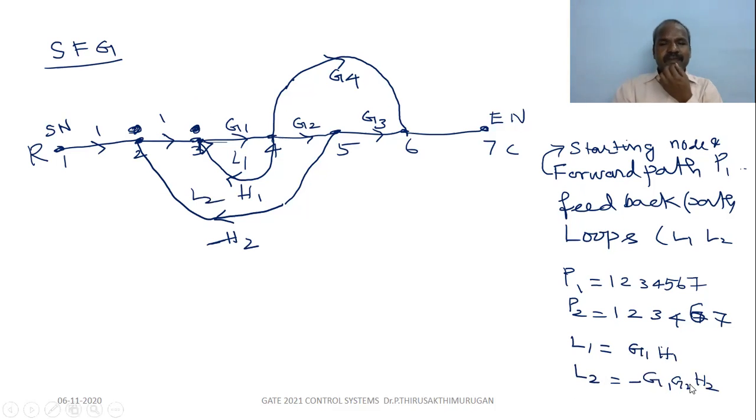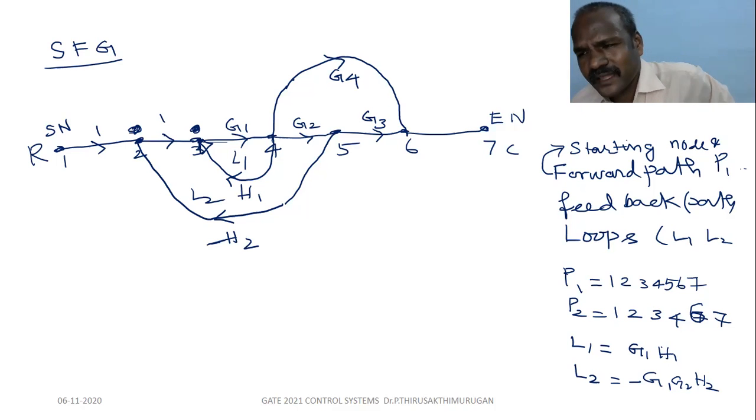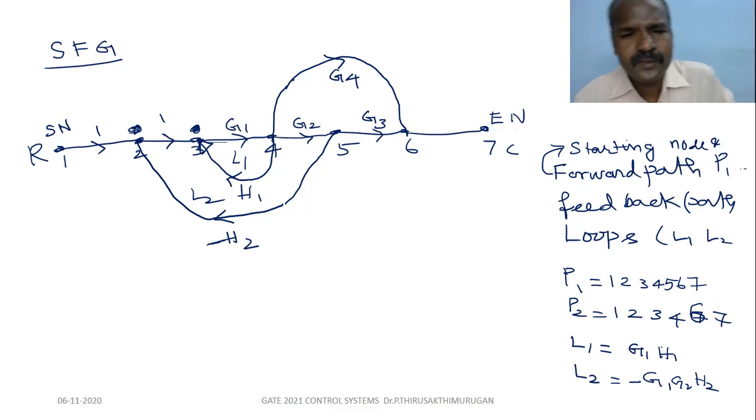Any other loop available here? No, no other loops. We have only two loops here. Are there any touching loops or non-touching loops? Both loops are touching each other, right?